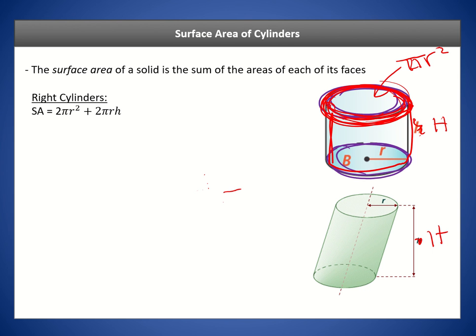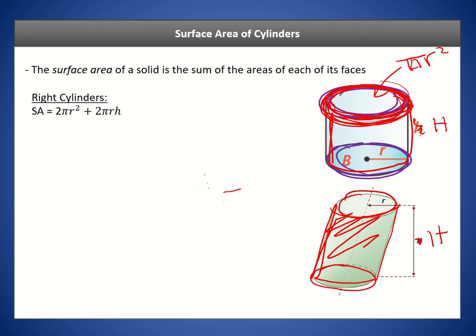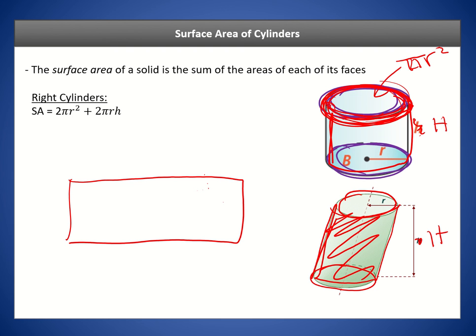All right, so now let's take a look at the oblique cylinder. For the oblique cylinder, you also have two circles, so it's going to be 2 pi r squared. However, for this label part, you're also going to have a rectangle, but the dimensions of that rectangle will change, because now instead of looking at the height, you're concerned with this slant height, which I'll indicate in blue, your slant length.